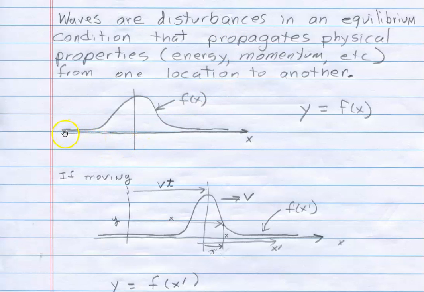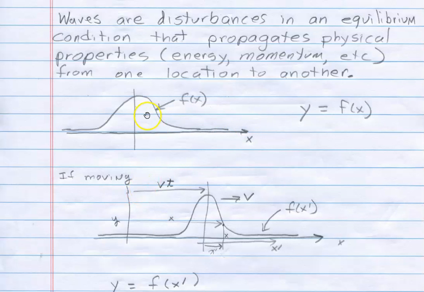But what I'm going to first look at would probably be called a wave pulse. If you like, you can think of this as just an arbitrary function, whatever function describes that, and y as a function of x is just f of x. You might think of that as a photograph at time t equal to 0 of maybe a tsunami, a big pulse that's traveling from left to right.